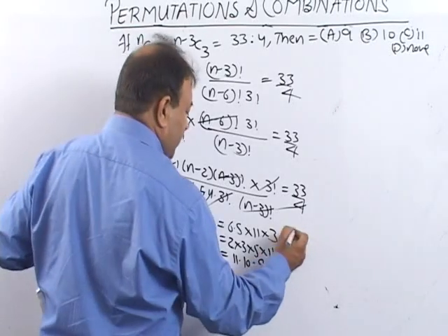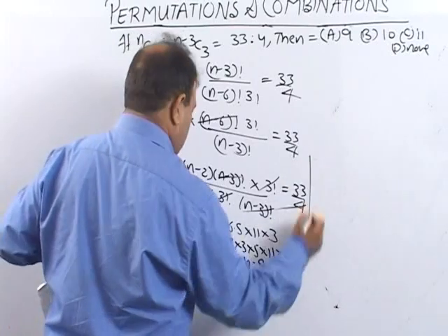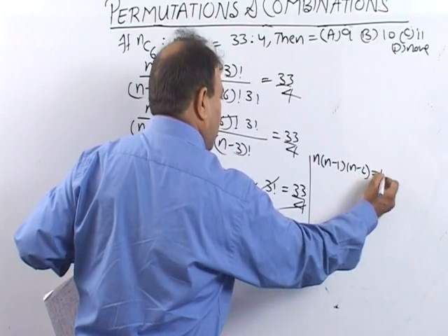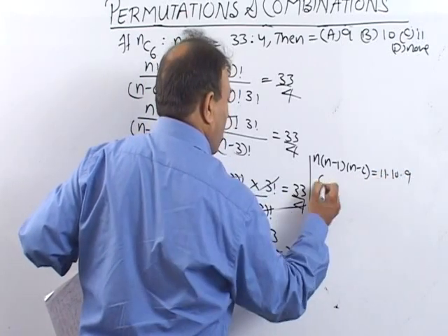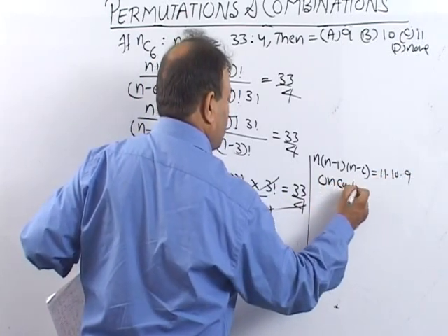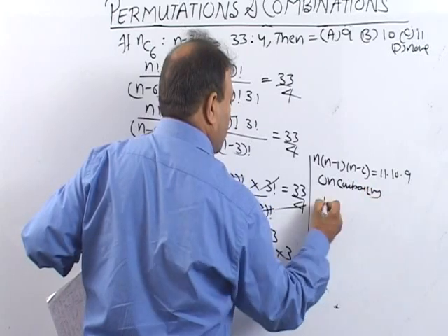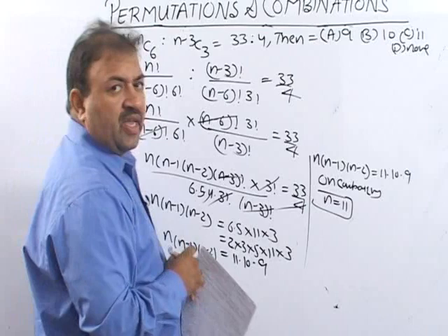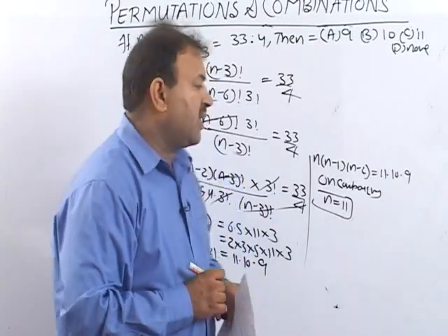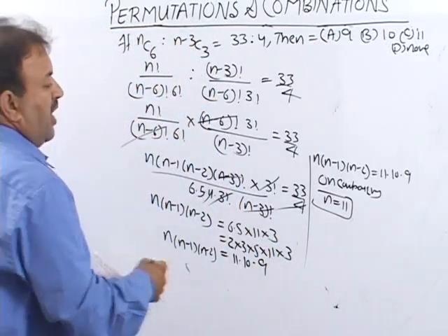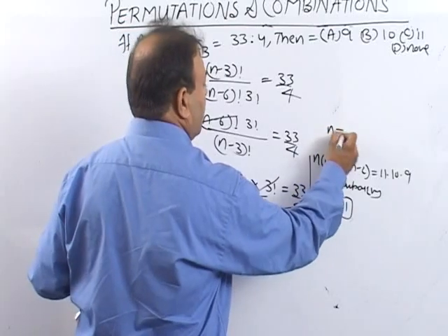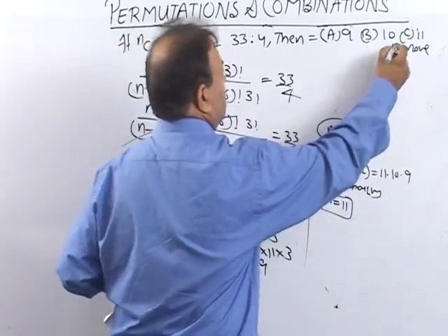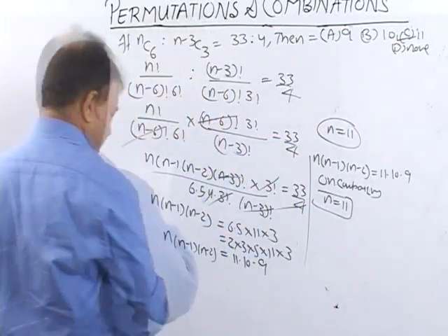On comparing, we got n, n minus 1, n minus 2 is 11, 10, 9. On comparing, we find out n is equal to 11. मतलब फर्स्ट वाली टर्म फर्स्ट के इक्वल है, सेकेंड वाली टर्म सेकेंड के इक्वल है एंड थर्ड वाली टर्म थर्ड के इक्वल है एंड बाय एवरी टर्म we find out n is equal to 11 satisfied. So the right answer of this question is C part.